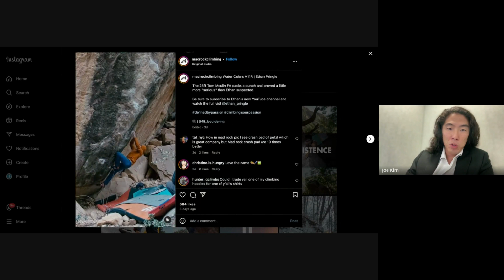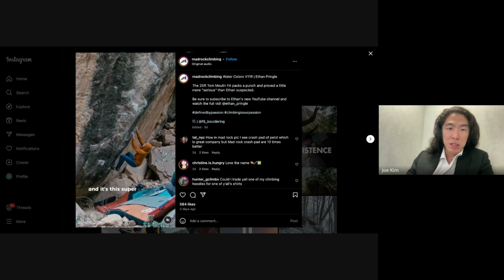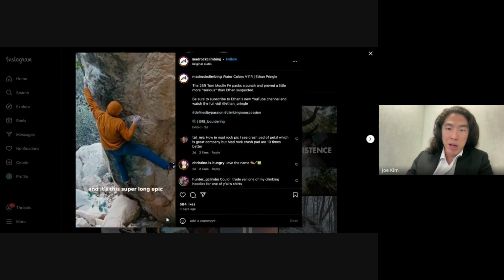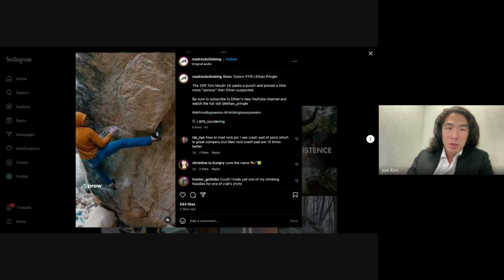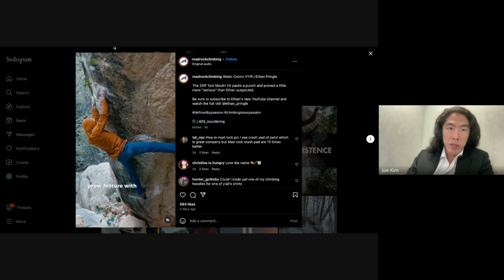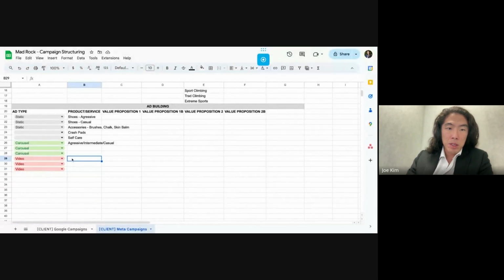He looks cold and this looks kind of gnarly. So this is definitely more aspirational. So if we go back here, video, more like the hardcore climber.